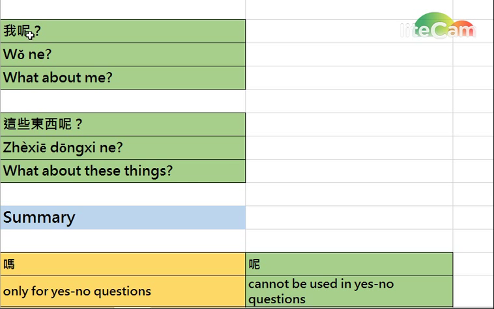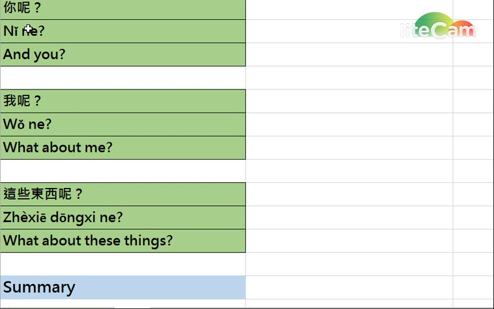Just like this, if we want to ask 你, we just add the ne right after the pronoun. We can use this form to form the bounce back questions.